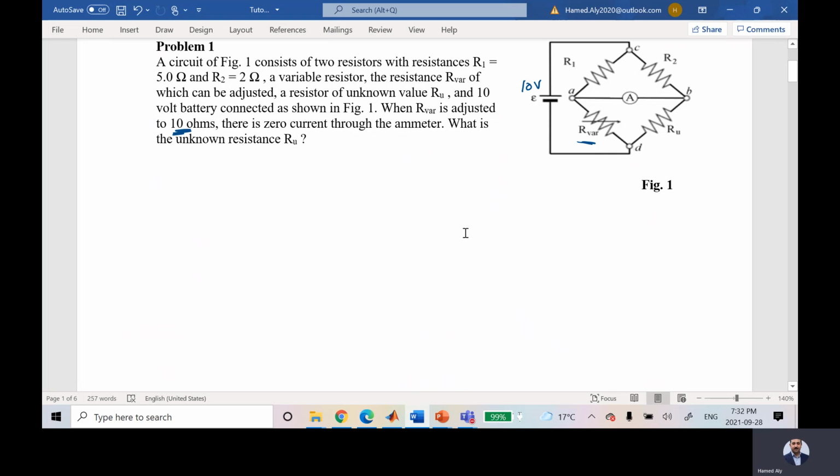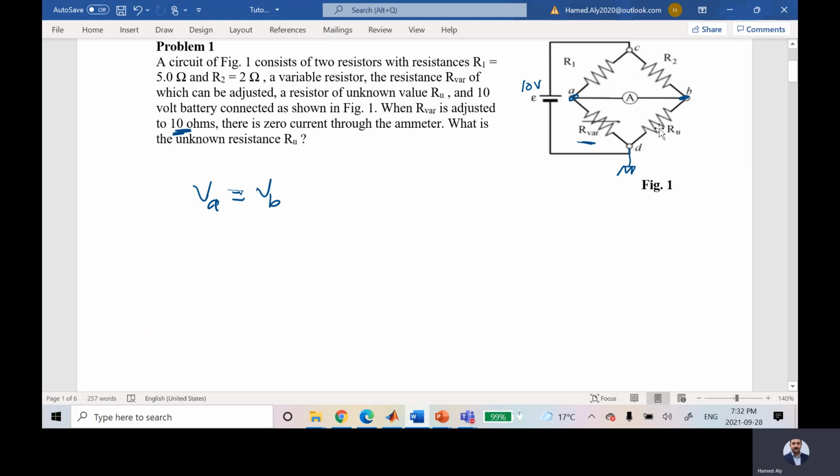Straightforward the problem. If you still remember, if you would like to solve for finding RU, what you have to do is, since there is no current between A and B, what is the relation between VA and VB? They are equal, so I can say VA is equal to VB. If I assume that this is my ground, I can say the voltage across VA is equal to the voltage across VB.